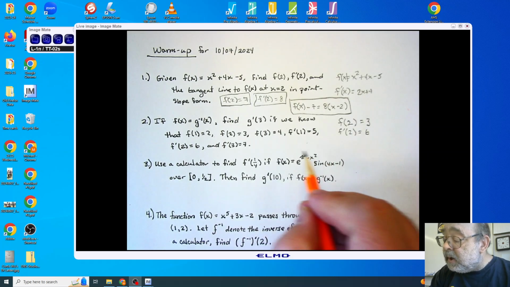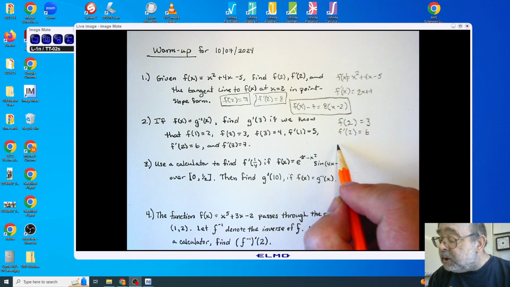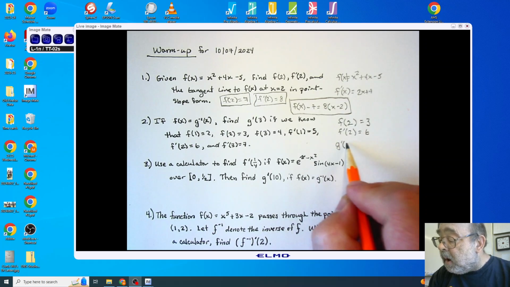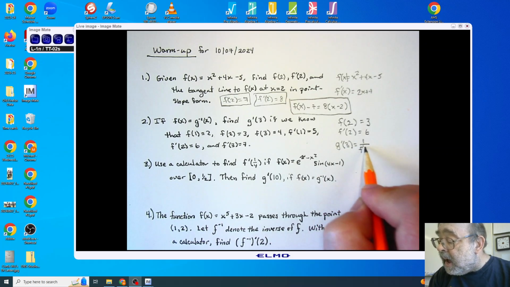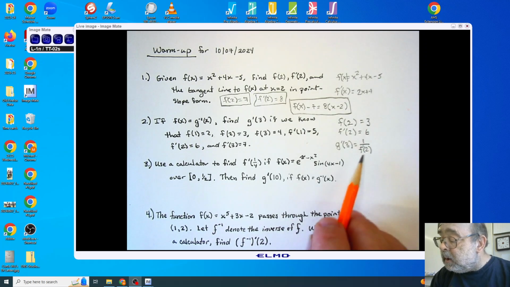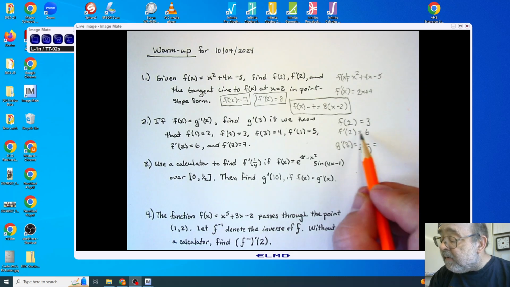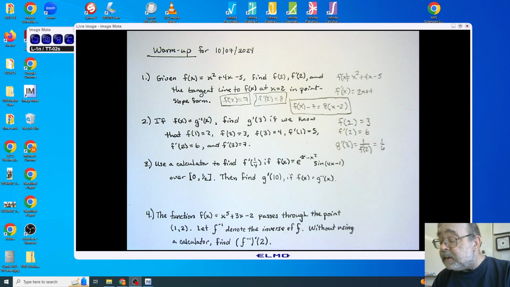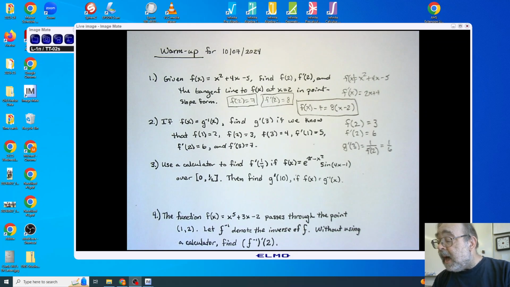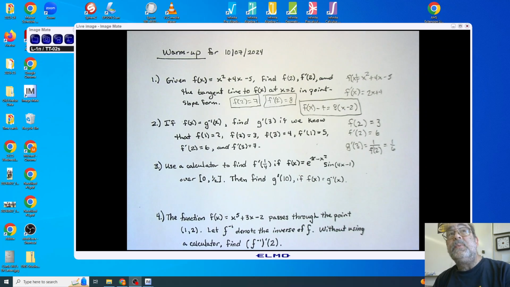And now I can answer the question, because we know the relationship. g prime of 3 has to equal 1 over f prime at 2. Notice the point 2, 3 right there. We're now going to substitute f prime of 2 with its value, and we get 1/6. So we now know that g prime of 3 is 1/6.